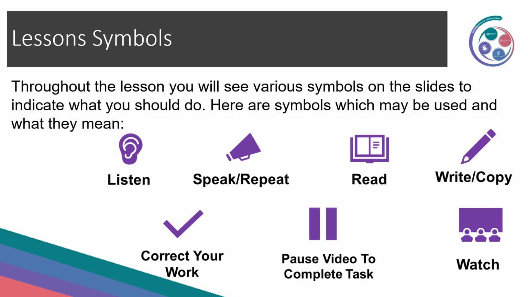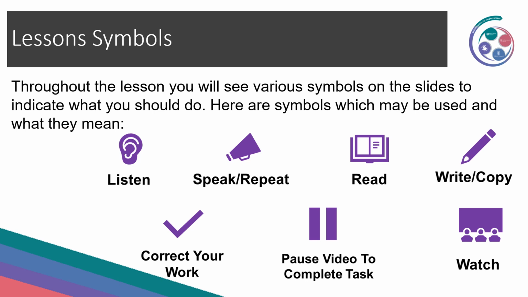Throughout this lesson, you'll see various symbols on the slides to indicate what you should do, and here are the symbols which may be used and what they mean. If there is a listen icon, that literally just means to listen to what is being said in this particular slide. Speak and repeat is repetition work. Read is to read the content on the slide carefully.